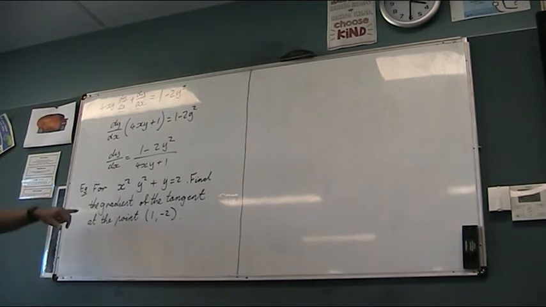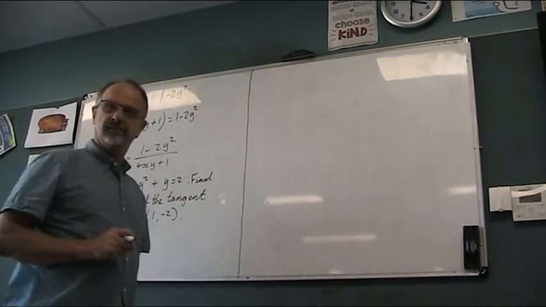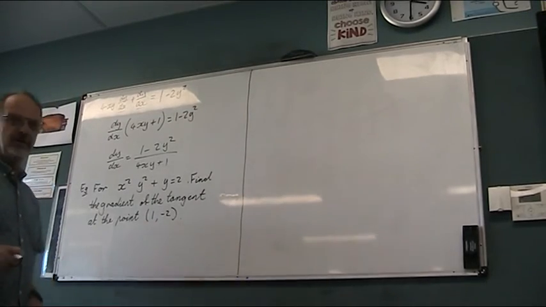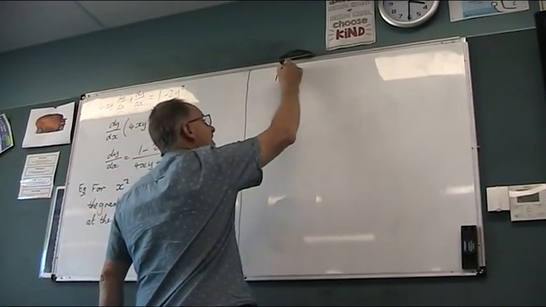Alright, so if we're wanting the gradient of the tangent, the gradient of the tangent is the same as the gradient of the curve at the point, and the gradient of the curve is dy/dx, is that correct? Yes?